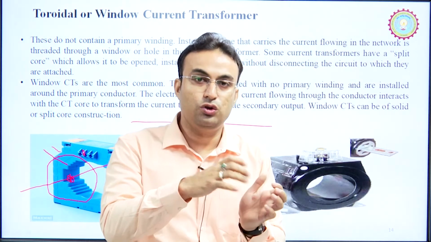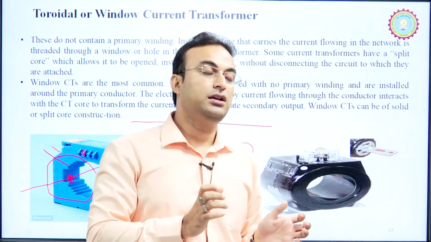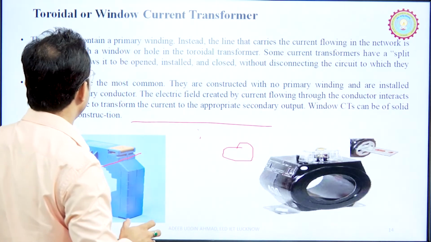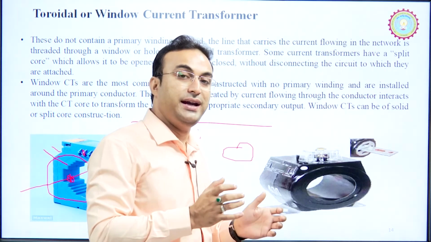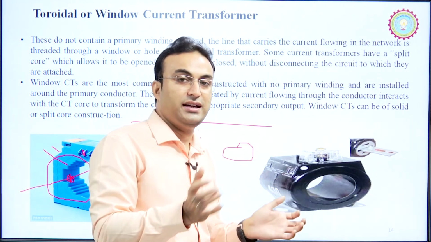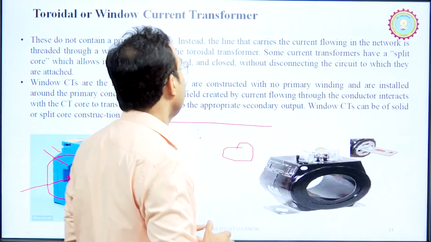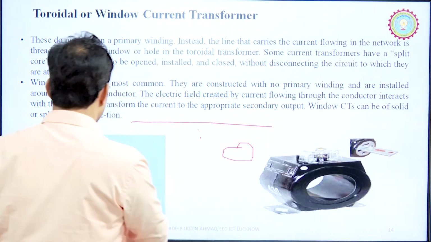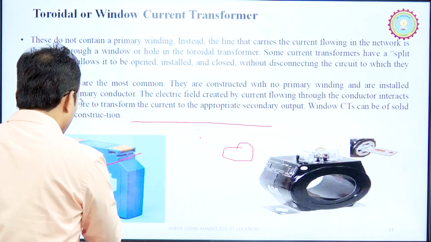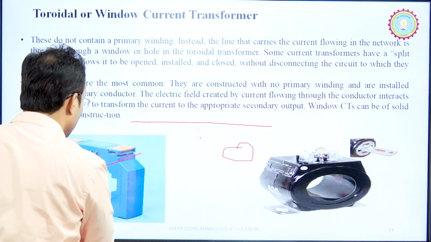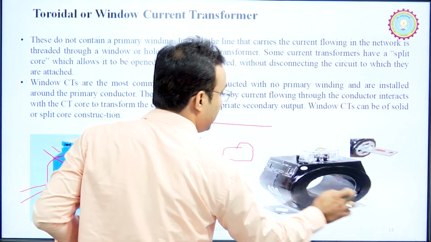So, physically there is no touch, but magnetically these two lines are connected through some link. So, you can understand the primary current will flow through this section.